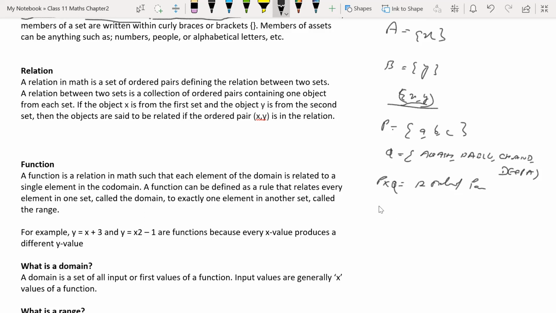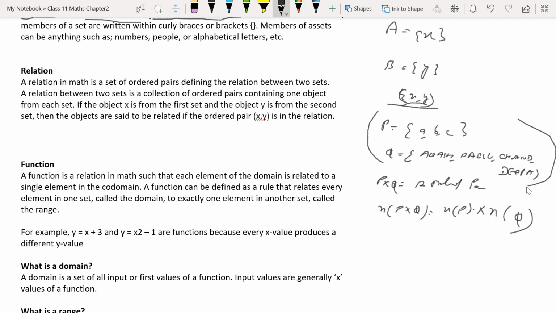As we know, n(P cross Q) is equal to n(P) into n(Q). There are 12 ordered pairs. So how is a relation established between P and Q?